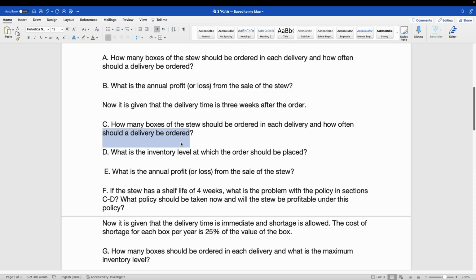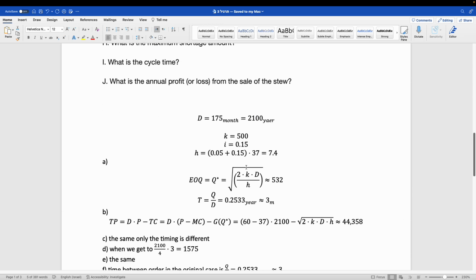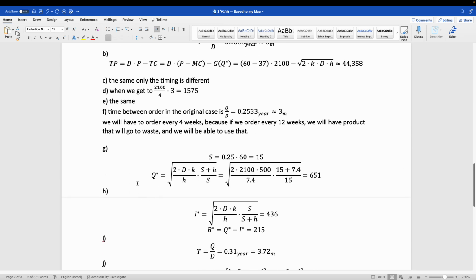Nothing else changes, not the profit, not anything. So what is the inventory level at which the order should be placed? The order should be placed 3 weeks before, so we need to calculate how much product we sell in these 3 weeks.